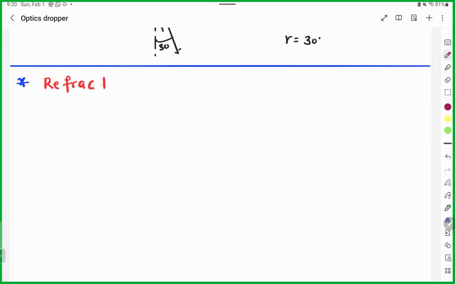I will directly go with the formula, just drawing a diagram at a spherical surface.